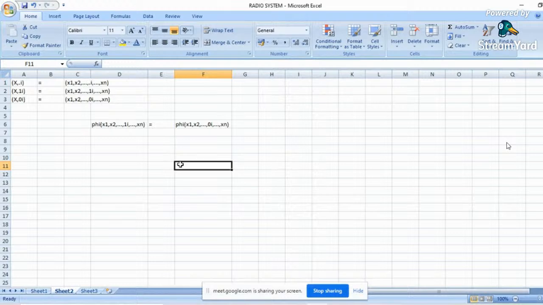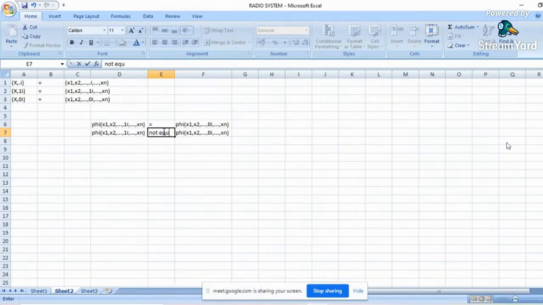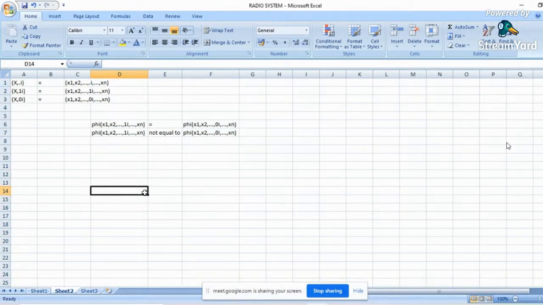Okay, so what will be the condition of relevancy? A component i will be relevant when phi of x1, x2, 1i, etc., xn is not equal to phi of x1, x2, etc., 0i, etc., xn for at least one x1, x2, xn combination.